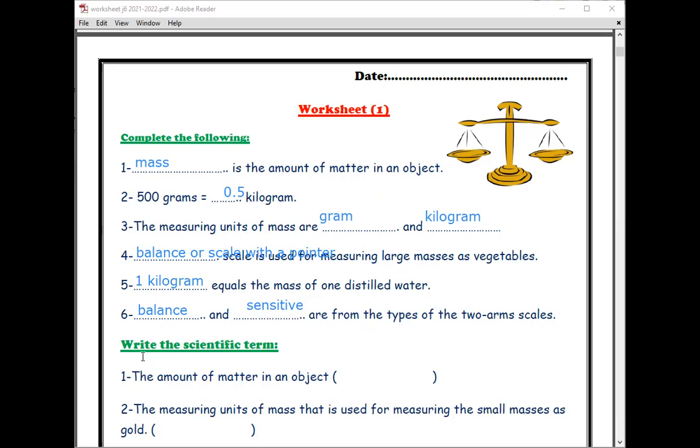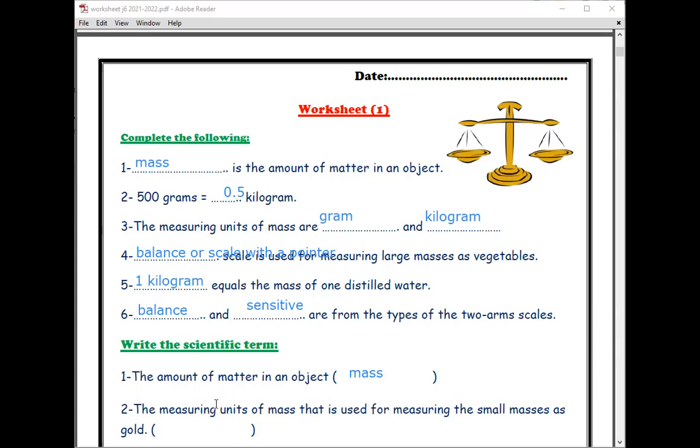Question number 2, write the scientific term. Number 1, the amount of the matter in an object. This is the definition of the mass. Number 2, the measuring unit of the mass that is used for measuring the small masses such as gold.